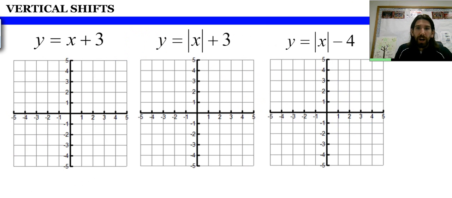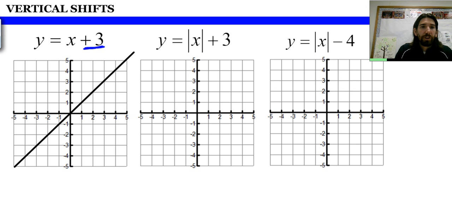So let's look at some graphs. And again, I like to relate it back to something we already know, linears. What does this thing change? When you add a number to the end of a linear graph, what does it do? Well, our parent function went through (0, 0). That was our parent function. But if I'm interested in this guy, this changed the y-intercept. It moved the y-intercept from 0 up to 3. But it did not change the steepness, so it's still up 1 over 1.